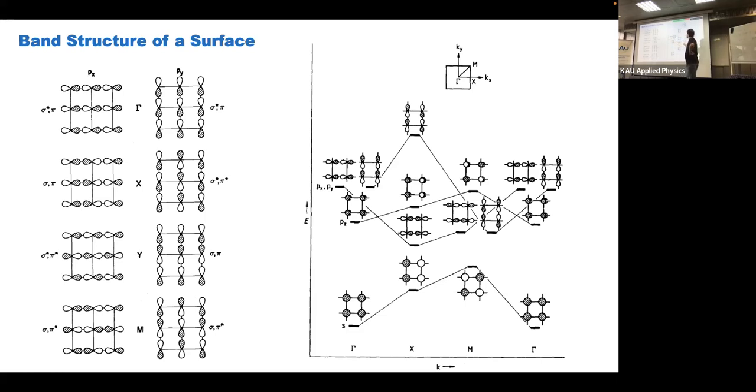They are called degenerate bands, because for px band and for py band you have the same band, and in reality here we have two bands, but they are the same. They are called degenerate. 1, 2, 3, 4 bands, each band for each orbital. S and 3p.